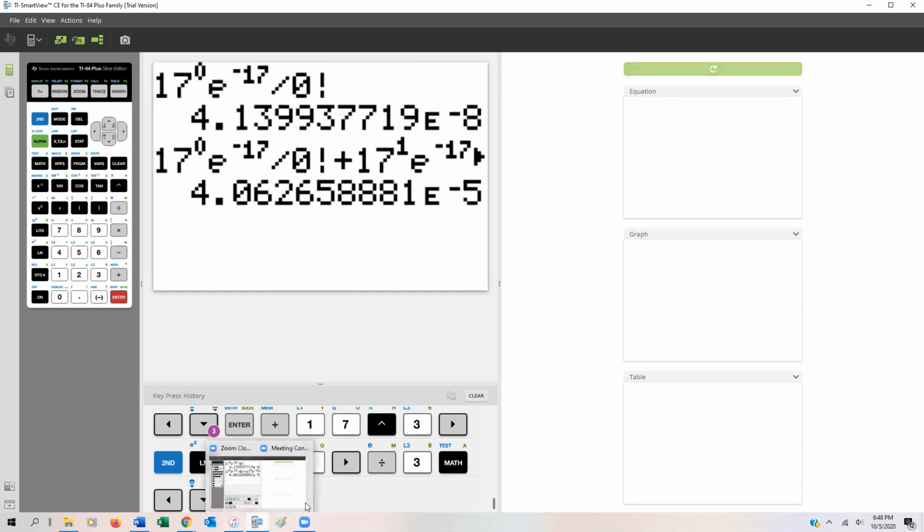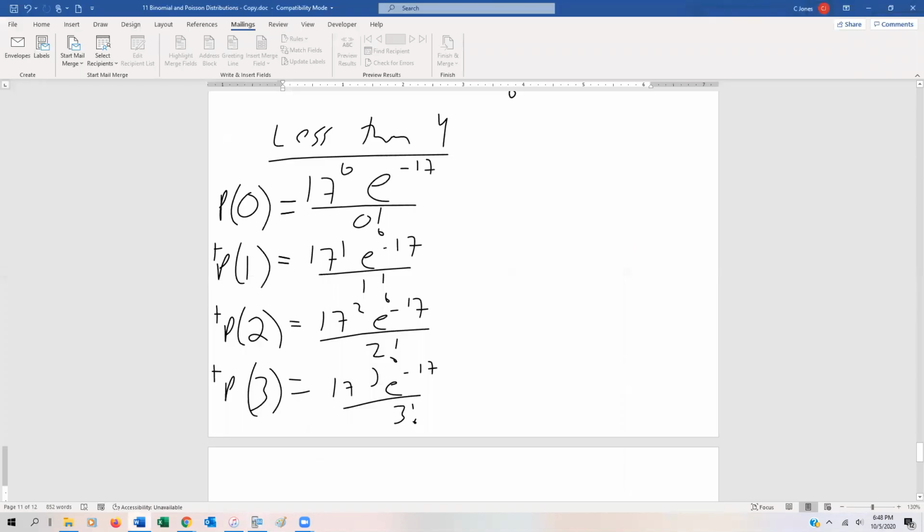Make sure you always read this carefully. On occasion students will miss this, and unfortunately if they miss that, they miss out on full credit. So we end up with 4.063 times 10 to the minus 5, or in standard form, 4 zeros and then 4063.